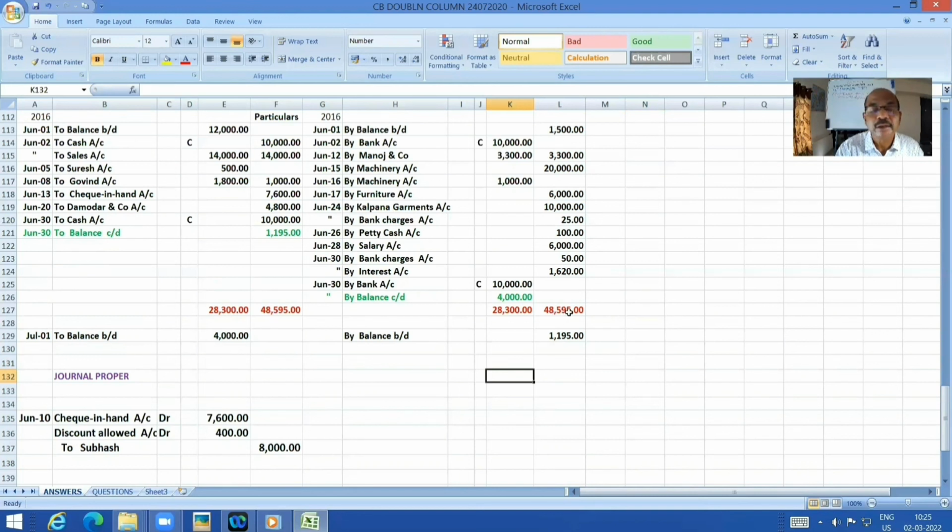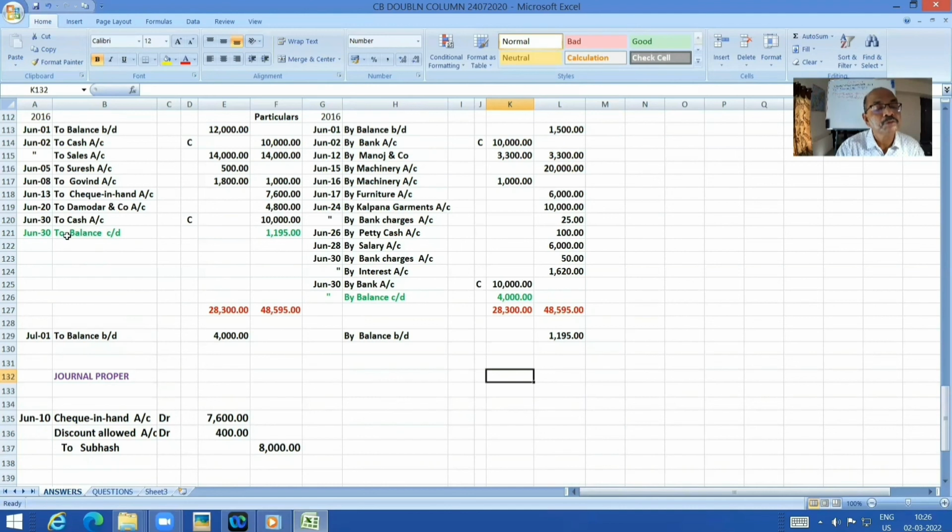I totaled it and put it on this side. I filled in the difference, indicating it against balance carried out. So 1,195 is the balance carried out. Balancing techniques, by this time we are very thorough now. Total the heavier side, put it across, fill the difference, indicating against balance carried out.